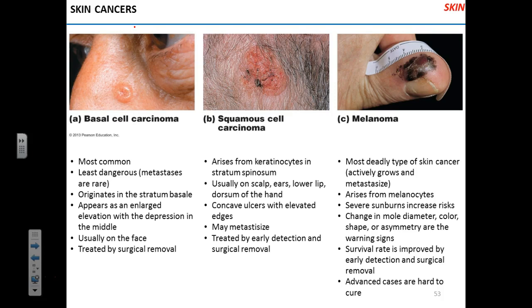My regular plug for the course, it's not a shameless plug, I'm not plugging anything that I wrote or created. If you are interested in medicine, if you are interested in cancer biology, I strongly recommend getting the book called The Emperor of All Maladies.